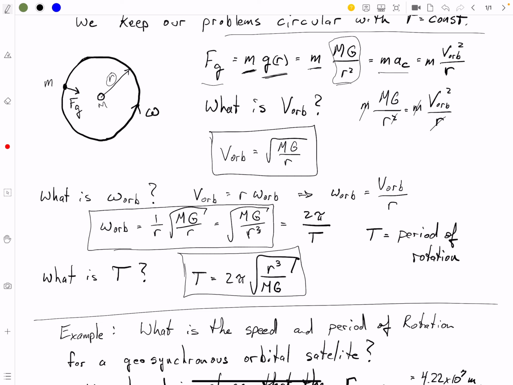All right. So we're going to take that and we're going to look to find out what is v orbital. So we're using this part and this part. We're putting them together in this equation, and when you solve that equation, canceling out all the different things, you get our v orbital of this. So what is our angular velocity for the orbit?